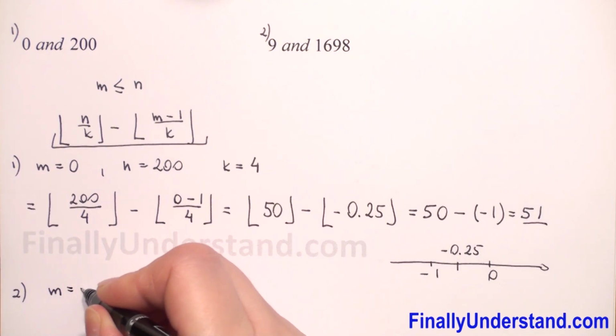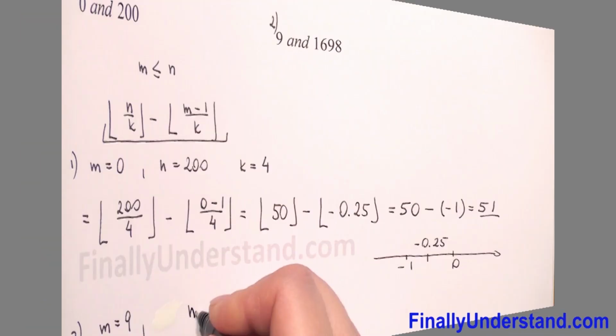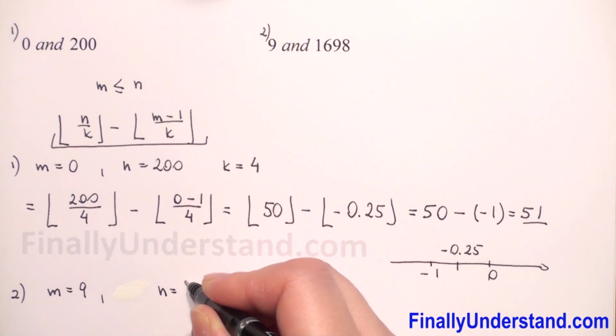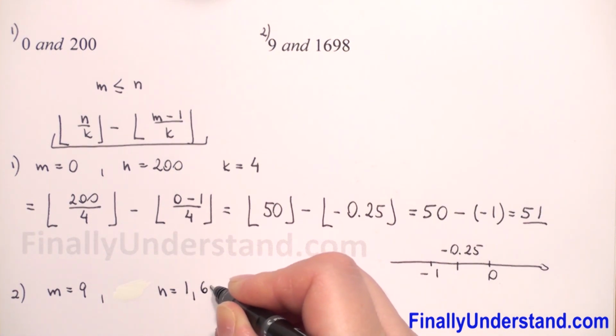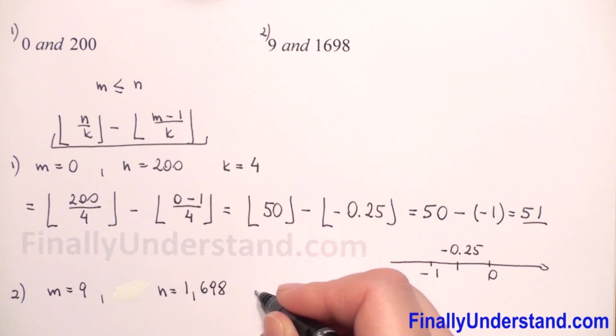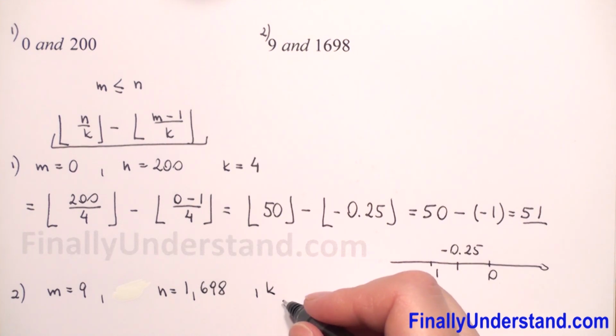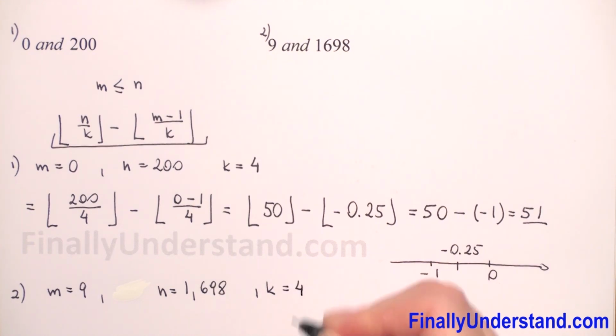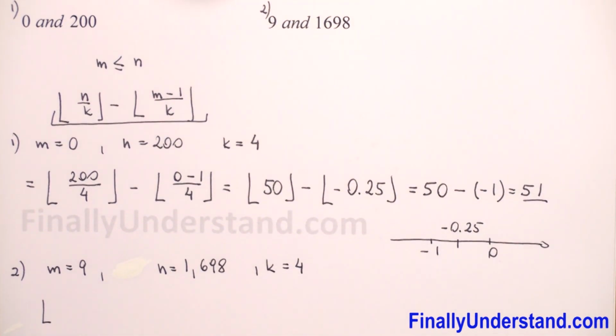m is equal 9, n is equal 1698, and we have to find multiples of 4. So we will use again the same formula. We have to find floor of n over k.